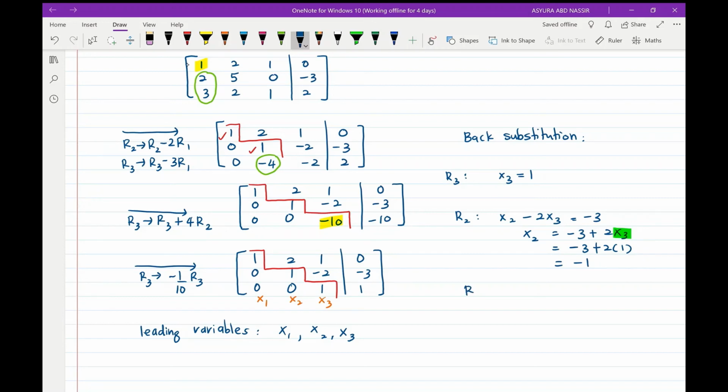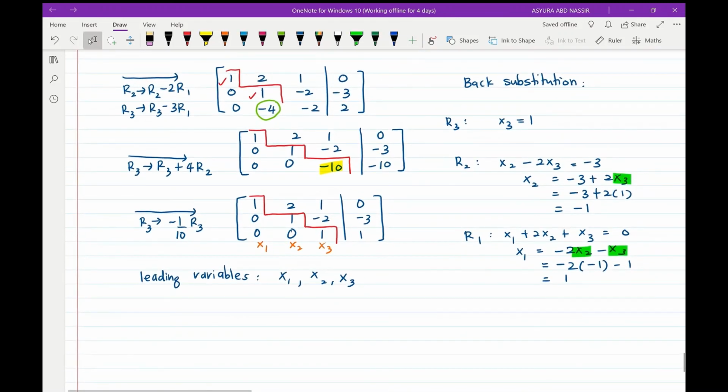And next, your R1 will be x1 plus 2x2 plus x3 equals 0. Again, write x1 as the subject. It will be negative 2x2 minus x3. Then don't forget, you have to substitute the values of x2 and x3. So you will get negative 2 times negative 1 minus 1, which is 2 minus 1, equals 1.